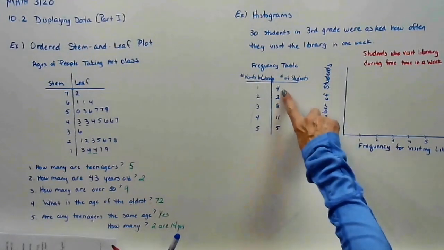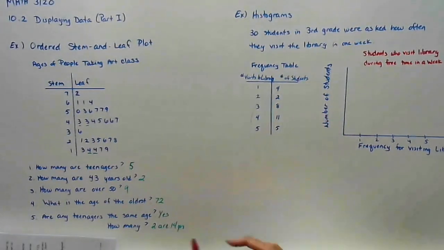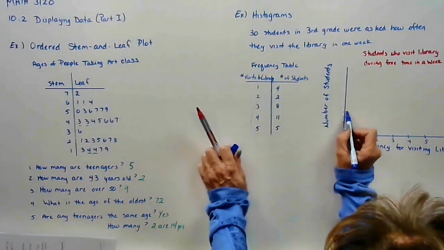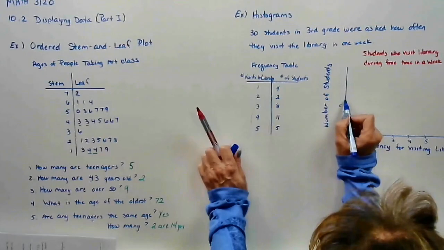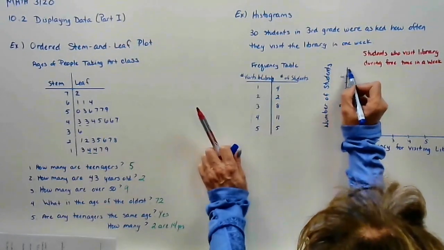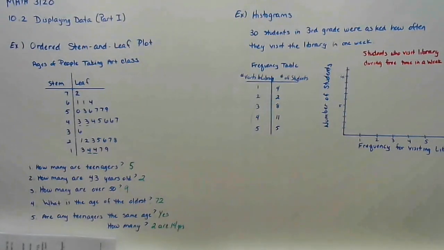So we look at our range here, the largest number is 11. So I want to make sure 1, 2, 3, 4, 5, 6, 7, 8, 9, 10, 11. Highly recommend you do all your homework on graph paper so that you have all the lines and the graphs right there.